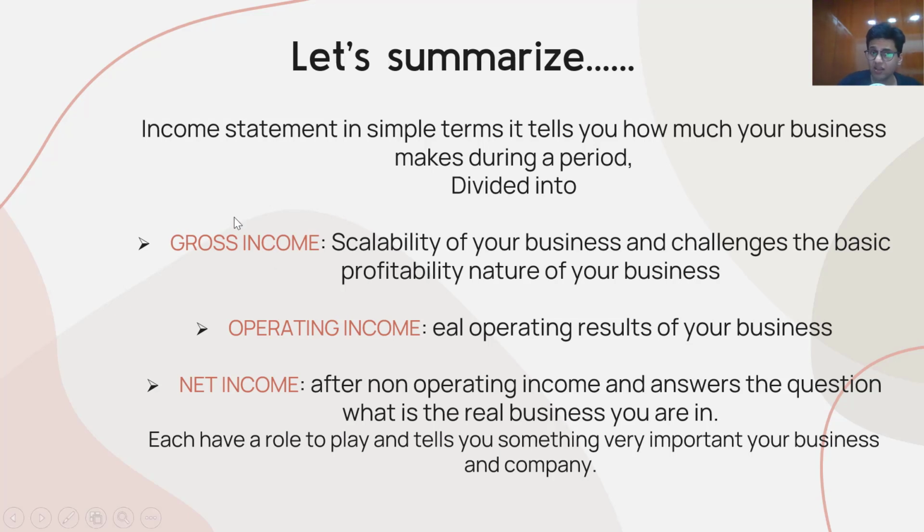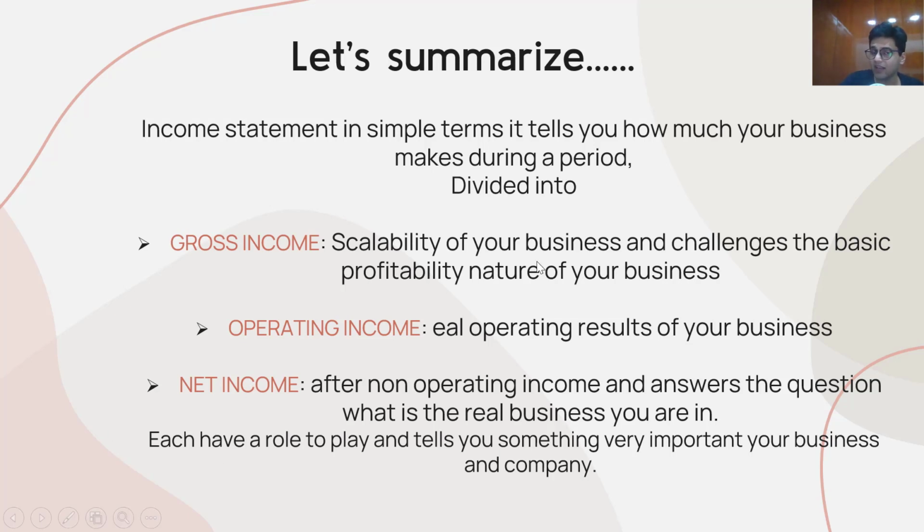The first stage is gross income. What does gross income denote? It basically denotes the scalability of your business, and it shows the basic profitability nature of your business. What I mean by that is, if your gross income is high, that means the more you scale your business, the better your net income will increase, right?